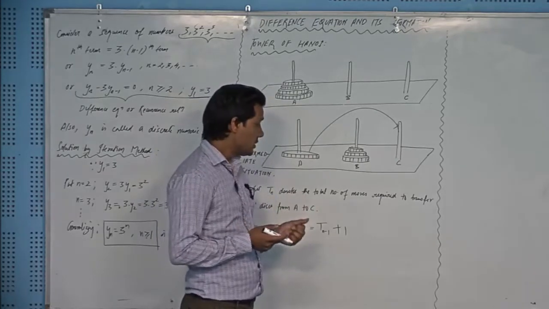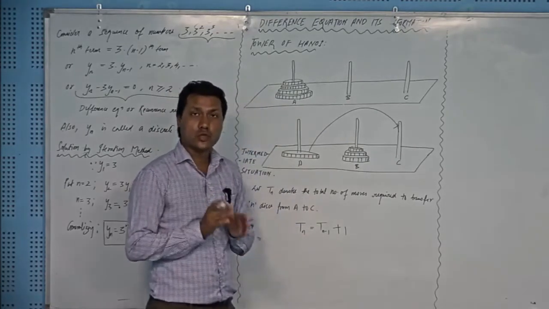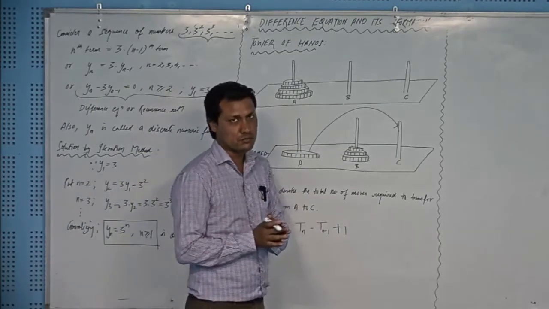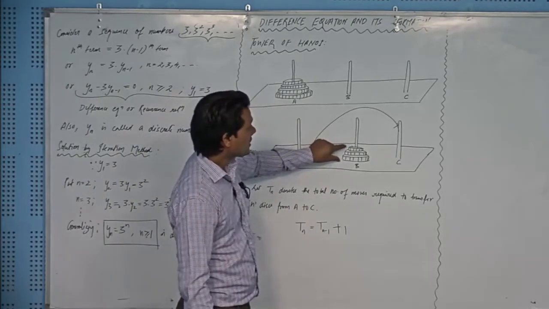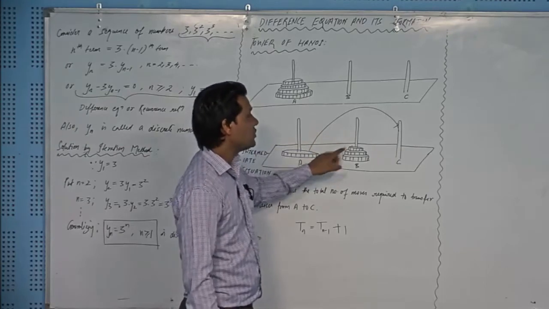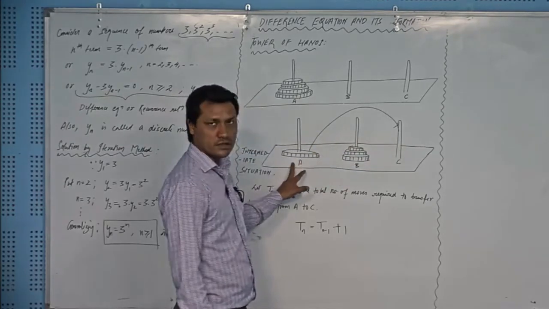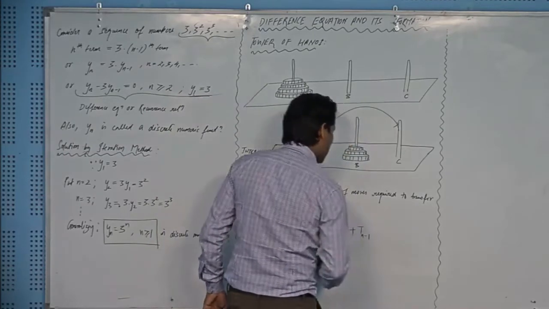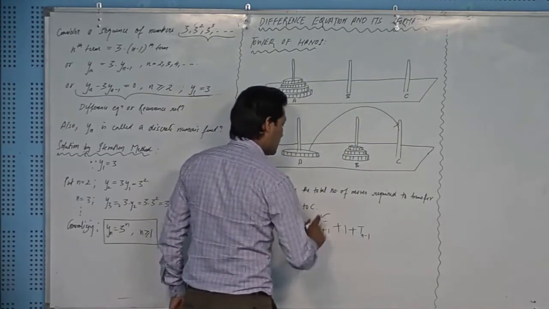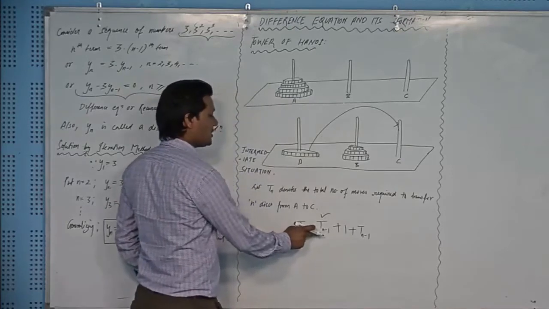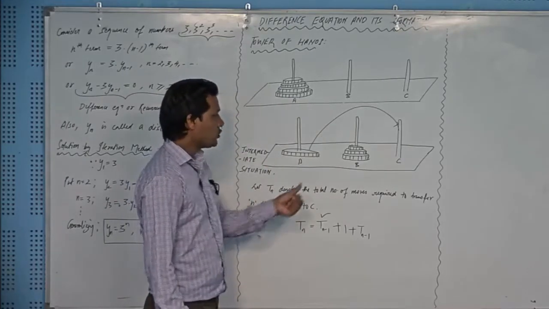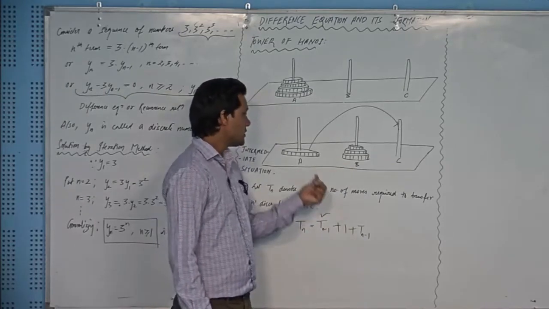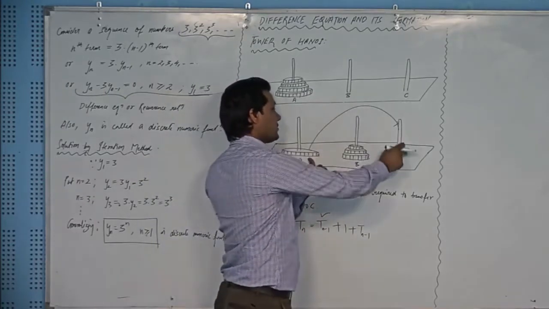And the number of moves required to solve that sub problem 2 will be again Tn minus 1, because we are again focusing on transferring these n minus 1 disks from B to C using peg A. So Tn minus 1 will be added again. This Tn minus 1 corresponds to the number of moves required to achieve this situation, and this plus 1 is for transferring the biggest disk from A to C directly.